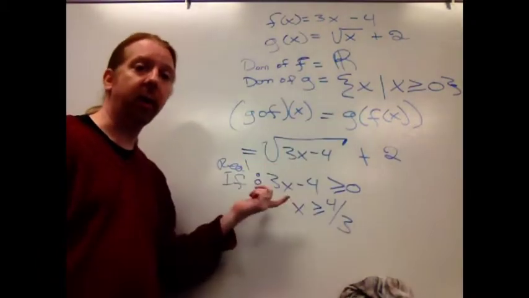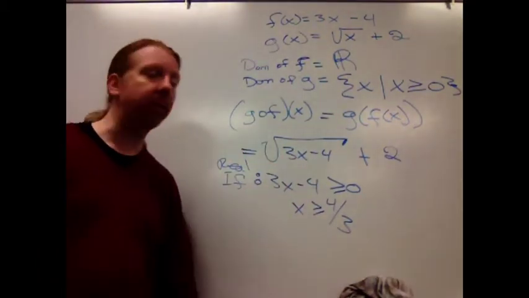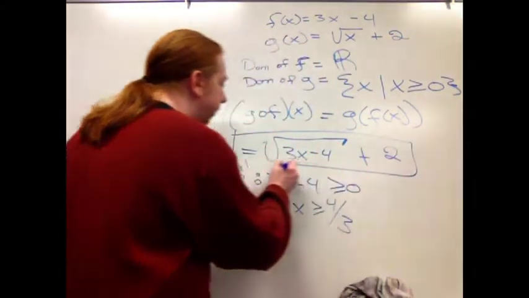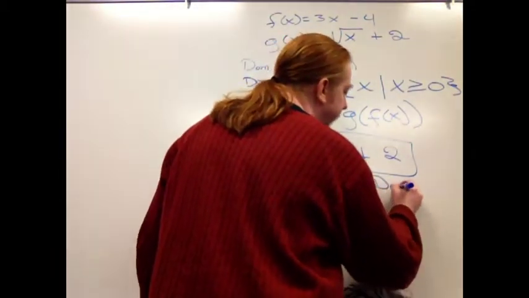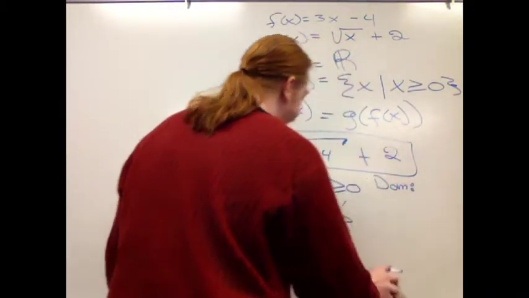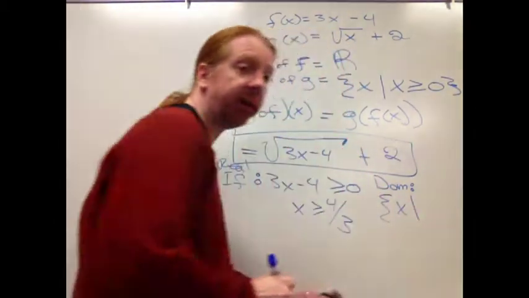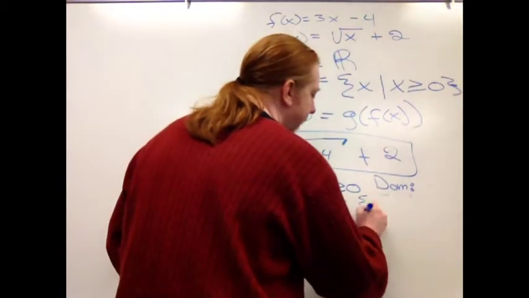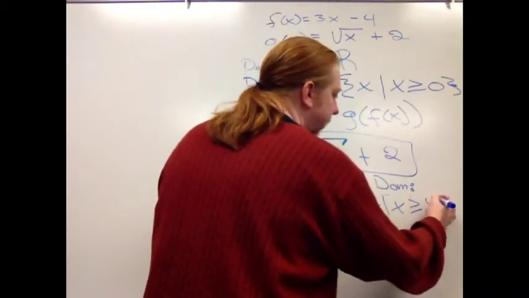Square root of negative 1 is imaginary, non-real, thus not allowed. So this would be my composition function with the qualifier that my domain will be all x's such that x is greater than or equal to 4/3.